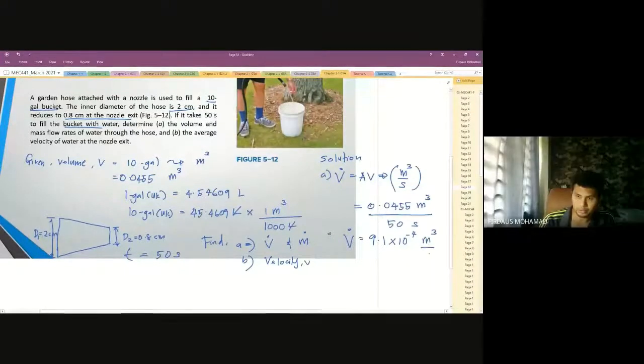So in 50 seconds it fills 0.0455 cubic meters, meaning the volume flow rate for this system equals 9.1 times 10 to the power of -4 cubic meters per second.